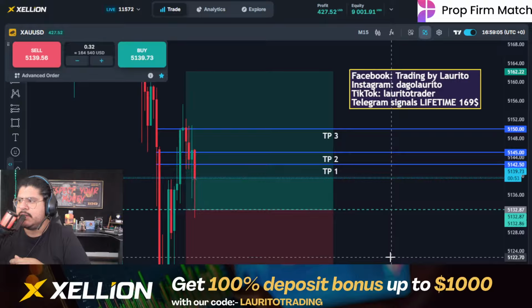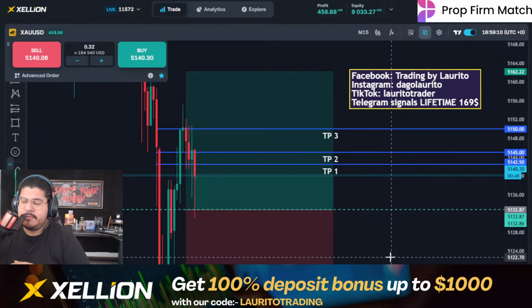Remember, TP1 is at 96 pips, almost 100 pips, so clear of that.